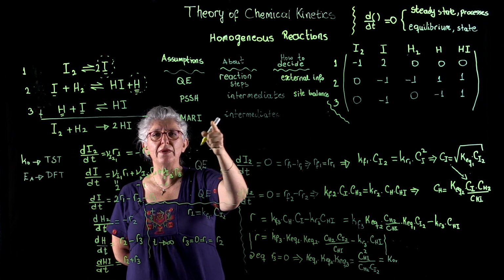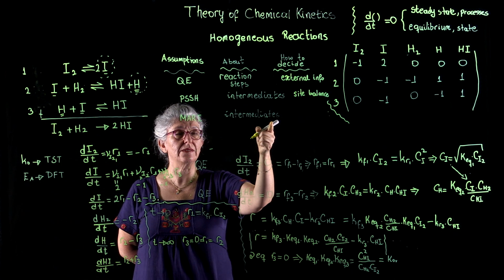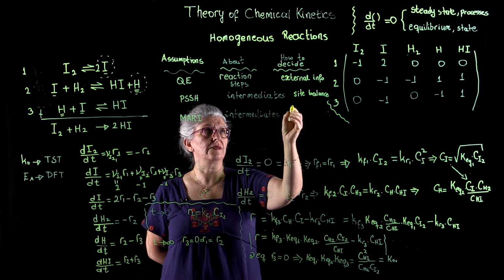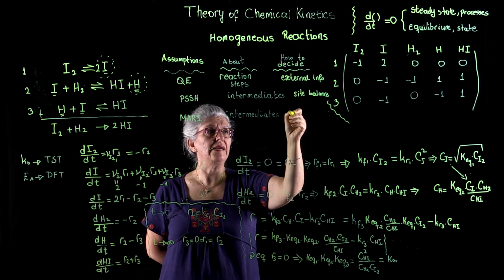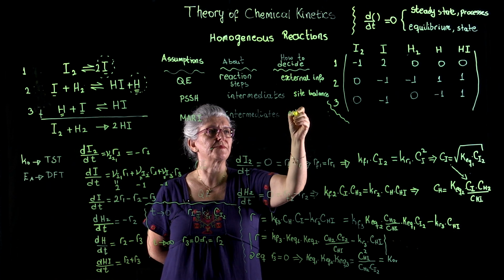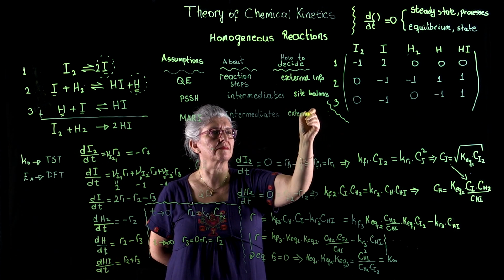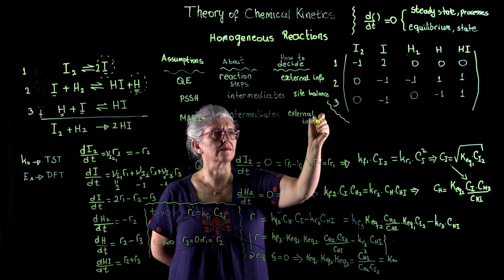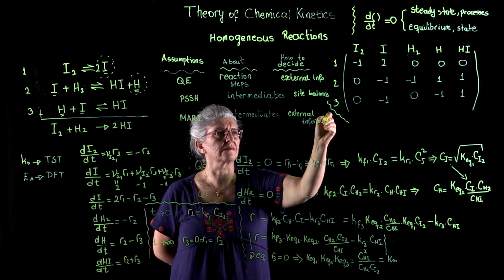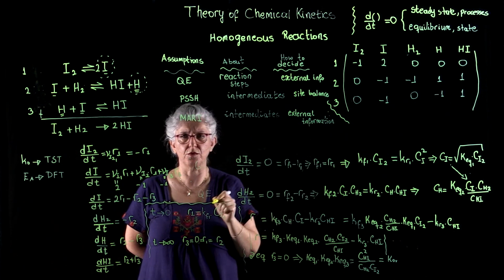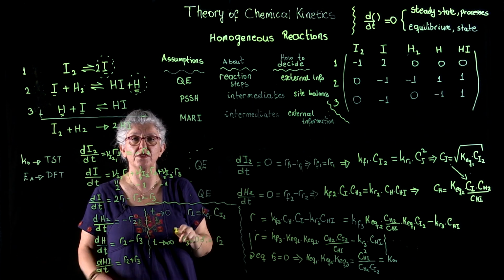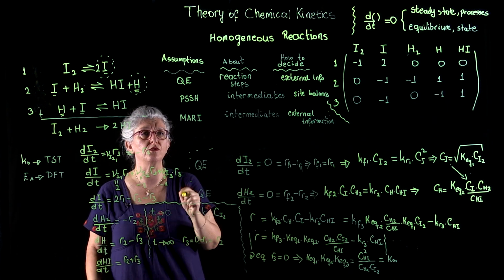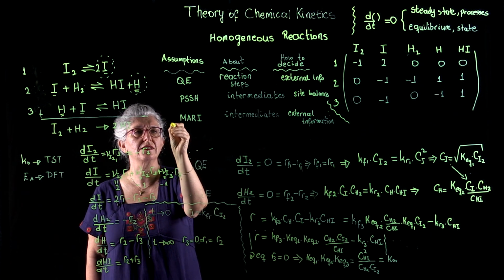The most abundant reaction intermediate has to be supported by external information, such as the surface concentration of the most abundant reaction intermediate.